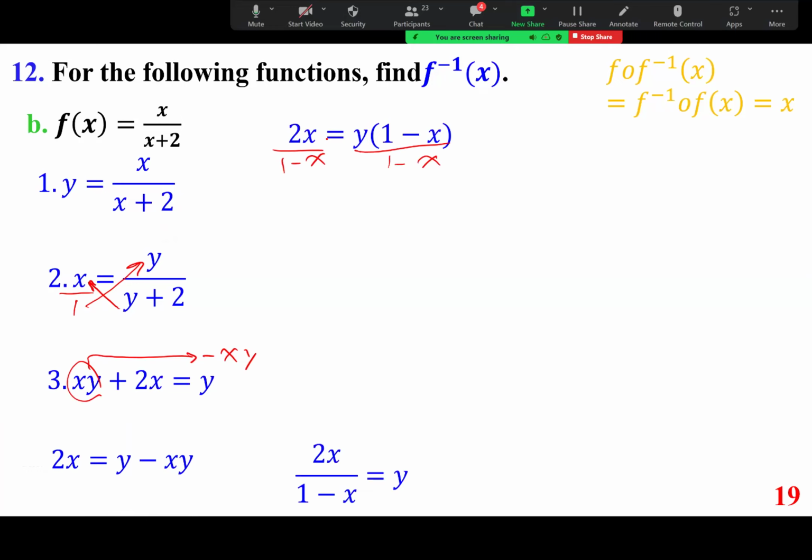Divide by 1 minus X. This is the inverse. Call it F inverse.